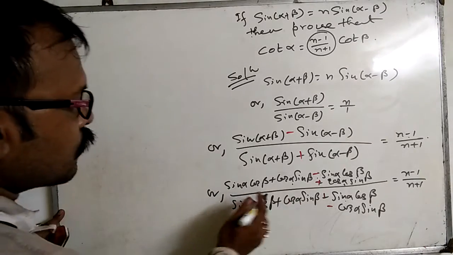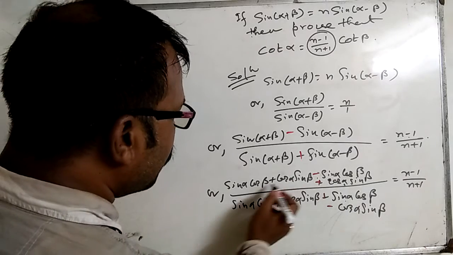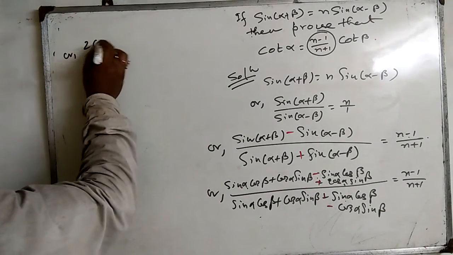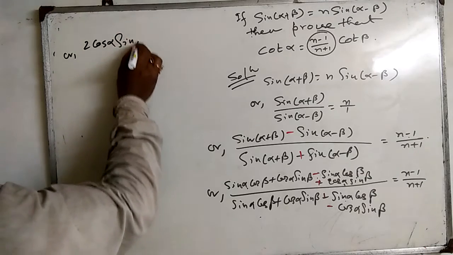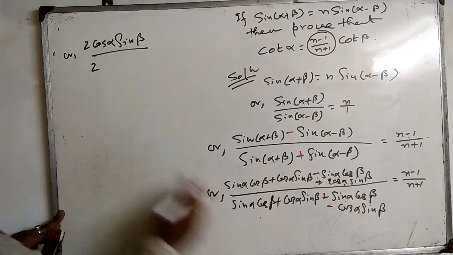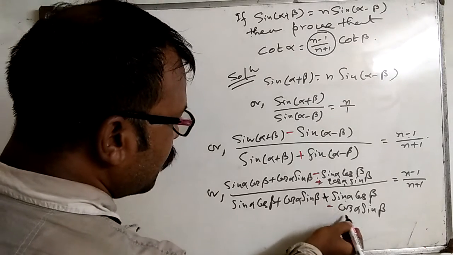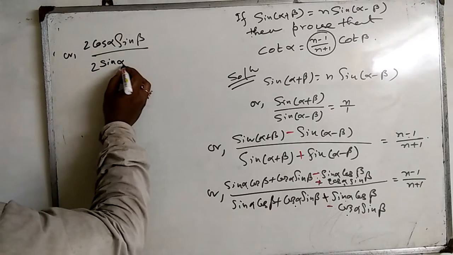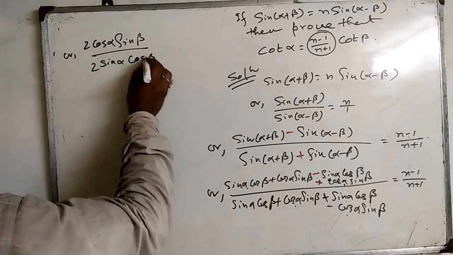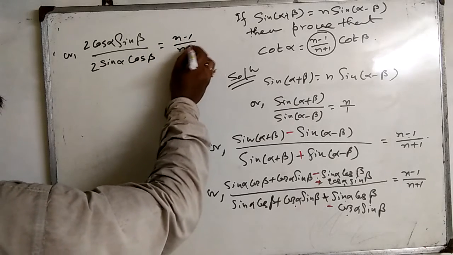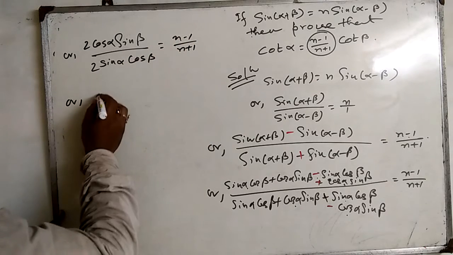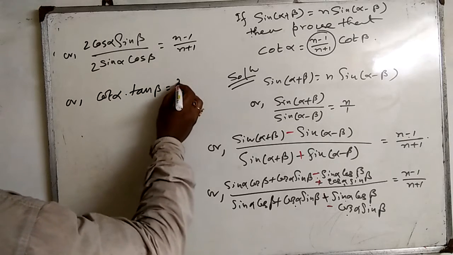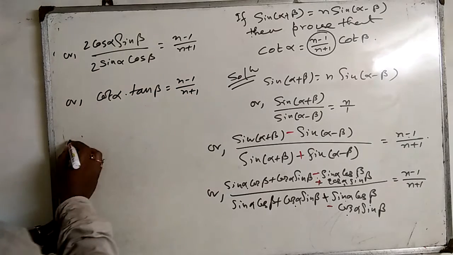And that will be, now see, 2 sin alpha cos beta will vanish out, 2 cos alpha sin beta divided by 2 sin alpha cos beta equals n minus 1 by n plus 1, or that will be cot alpha into tan beta equals n minus 1 by n plus 1.